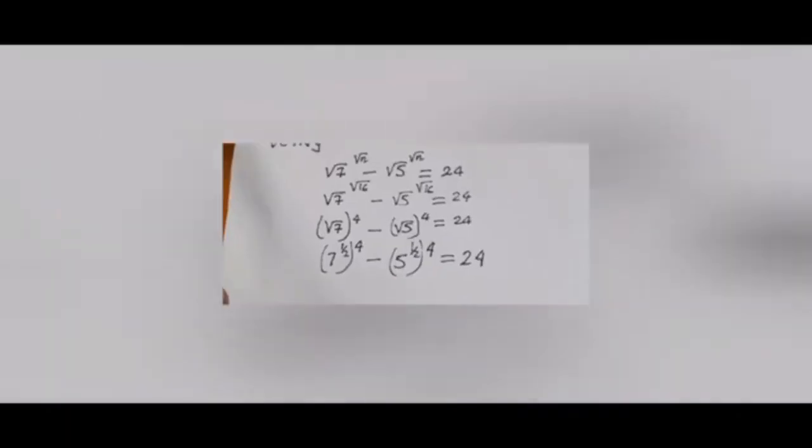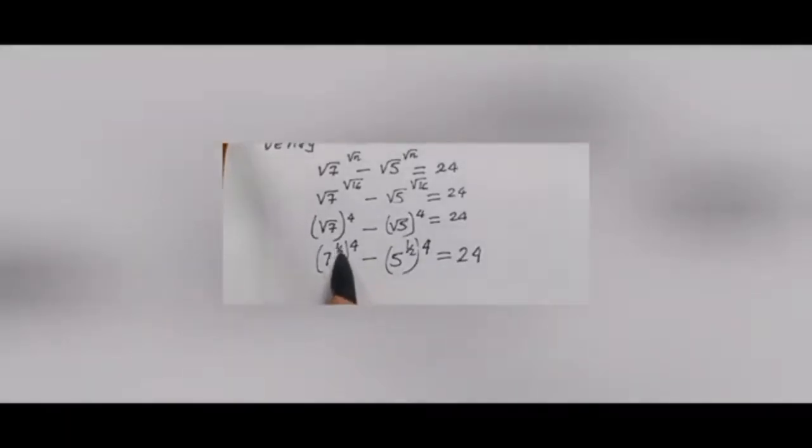So here, a half times 4 gives 7 squared. Here we have 5, a half times 4, we get 2, equals 24.